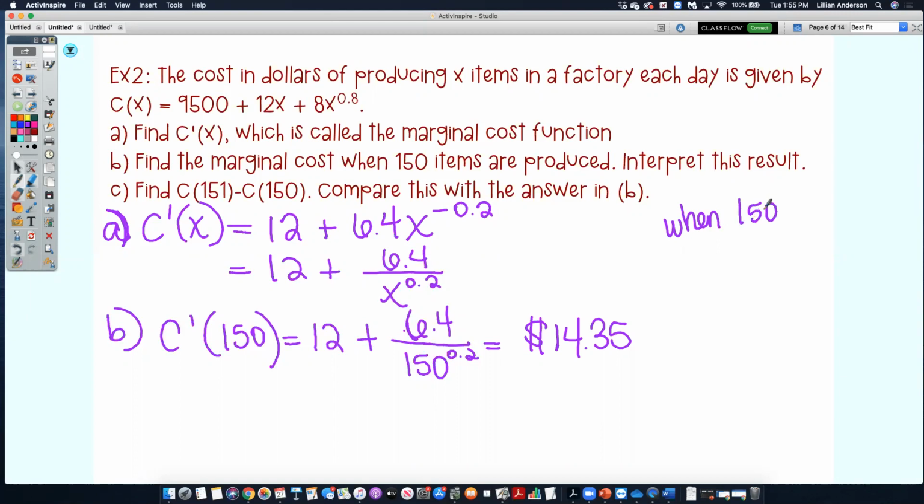When 150 items are produced, basically the rate at which the cost is occurring is increasing by this much money.